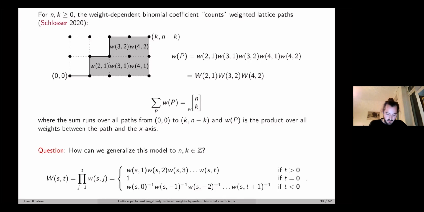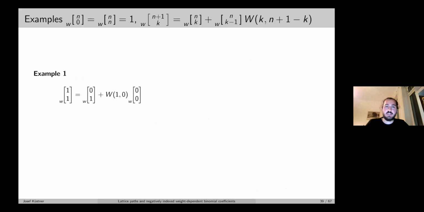If t is greater than 0, then we take these small weights, like here, very usual, so this column goes to this column. But if t is smaller than 0, then we have to have some minus ones, but it's not so important now. Okay, we do the examples from before.